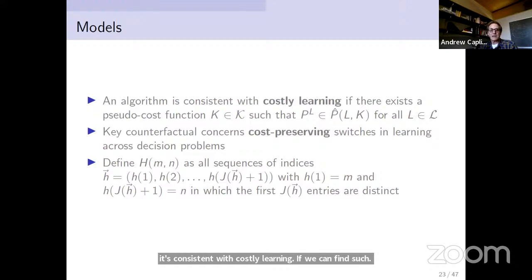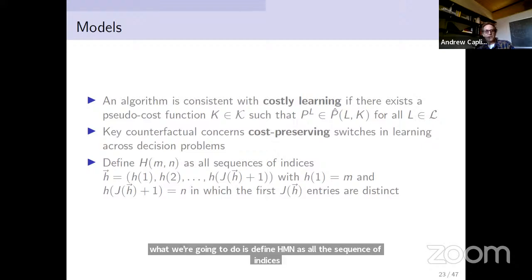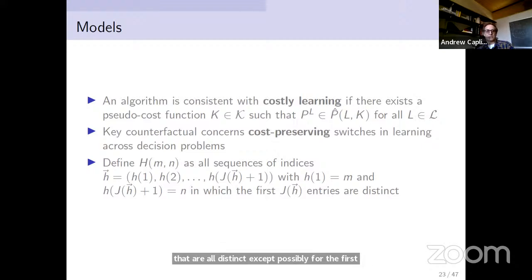And the key counterfactual here concerns cost-preserving switches in learning across decision problems. It's a different counterfactual. So what we're going to do is define H_MN as all sequences of indices that are all distinct except possibly for the first and last element.